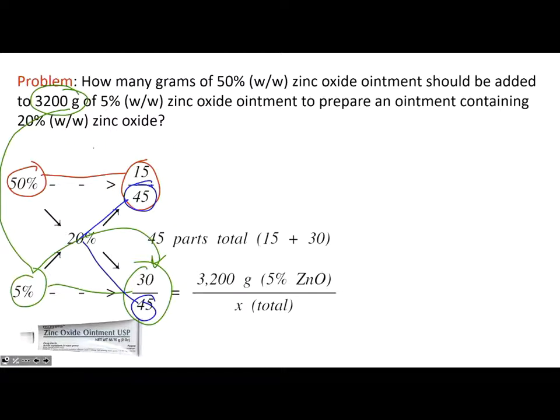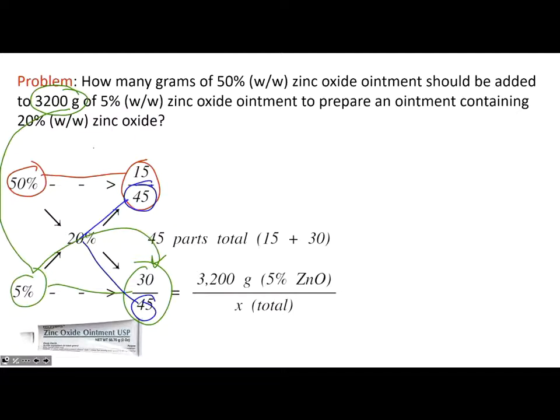Remember, the 30 parts represents the parts of the 5%. The question told me I had 3,200 grams of 5%. So I'm going to use this proportion. So I'm going to say 30 over 45 is equal to having 3,200 grams of just the 5% over x.